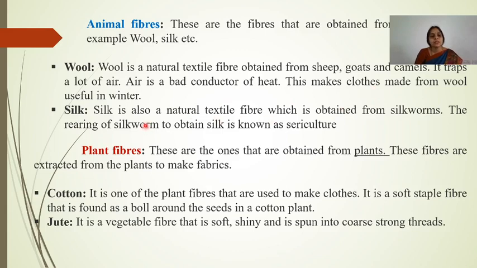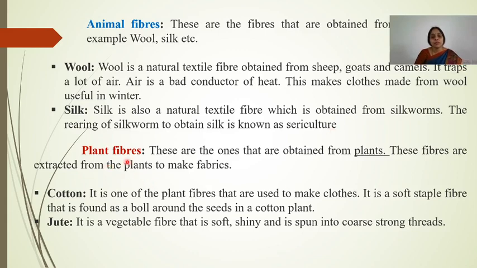Silk is also a natural fiber, obtained from silkworms. You have already studied the life cycle of the silkworm in class 7, where you require 10 kgs of cocoon to prepare 1 kg of silk. The process of rearing silkworms to obtain silk is known as sericulture.